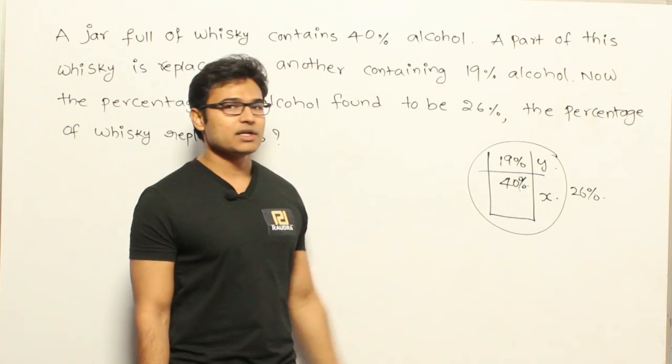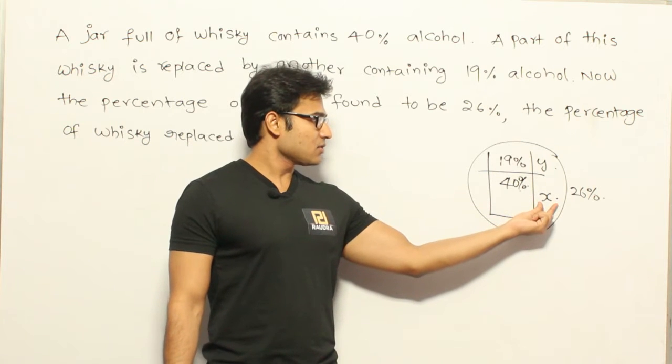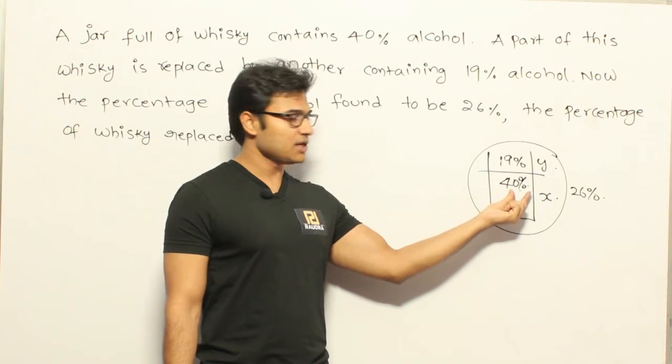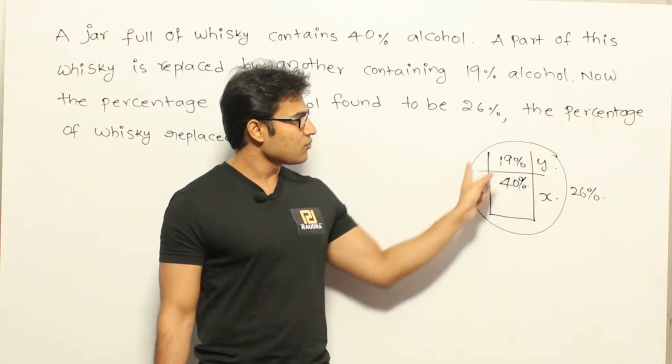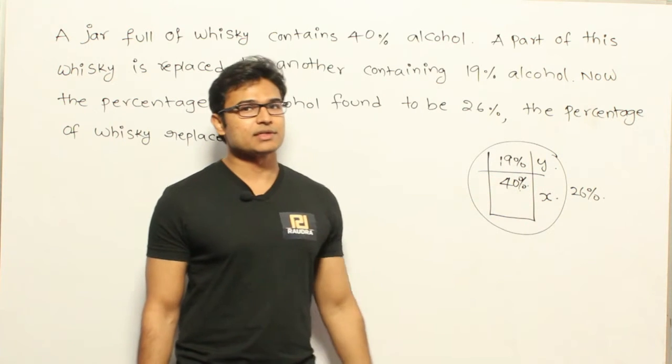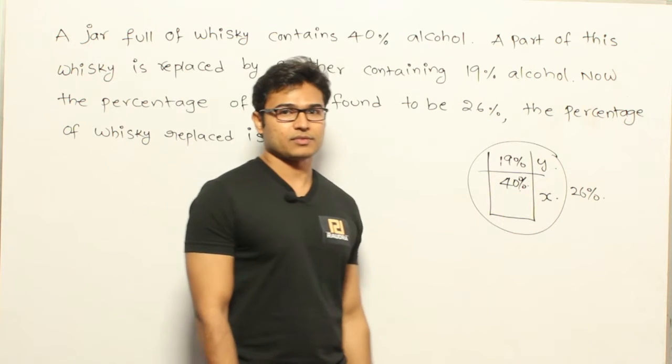Therefore you can think of it as a mixture formed from X liters of 40% whiskey and Y liters of 19% whiskey. Now the final mixture is going to contain 26% alcohol. Got it?